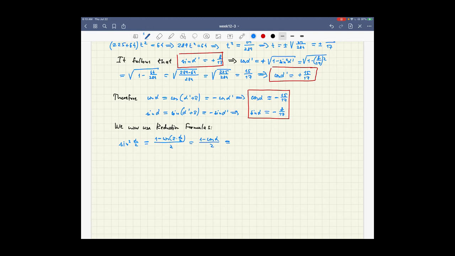And in our situation, that is 1 minus negative 15 over 17, over 2. So that's 1 plus 15 over 17, over 2. 15 plus 17, that's 32 over 2 times 17. Canceling 2 and 32, we get 16 over 17.